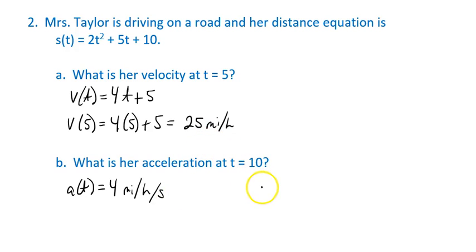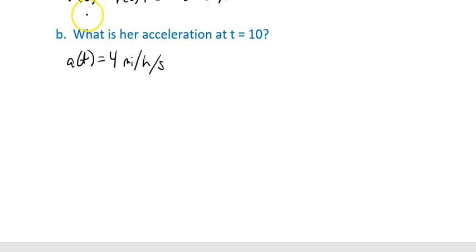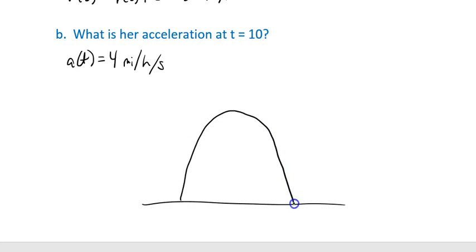The last thing that I want to bring up to you is about free fall. When they talk about objects that are thrown into the air or dropped or anything like that, or something jumps up and comes down, we'll think about the position over time, the distance over time, as an upside down parabola. Whether or not they tell you, there are things that you do know.